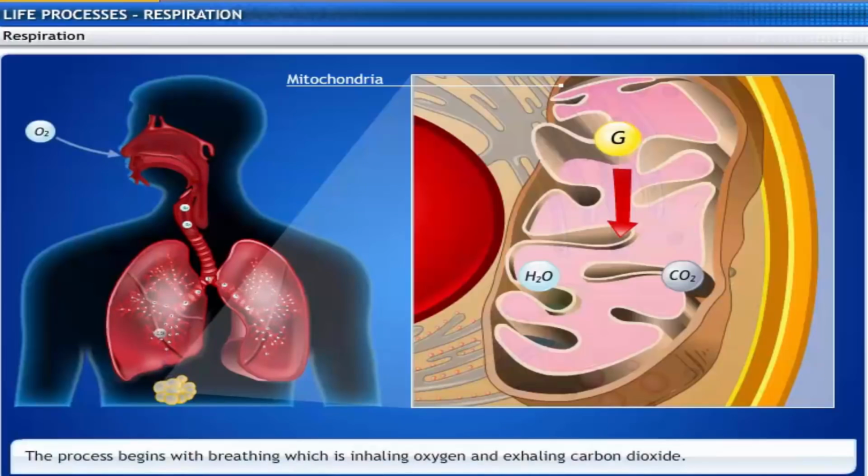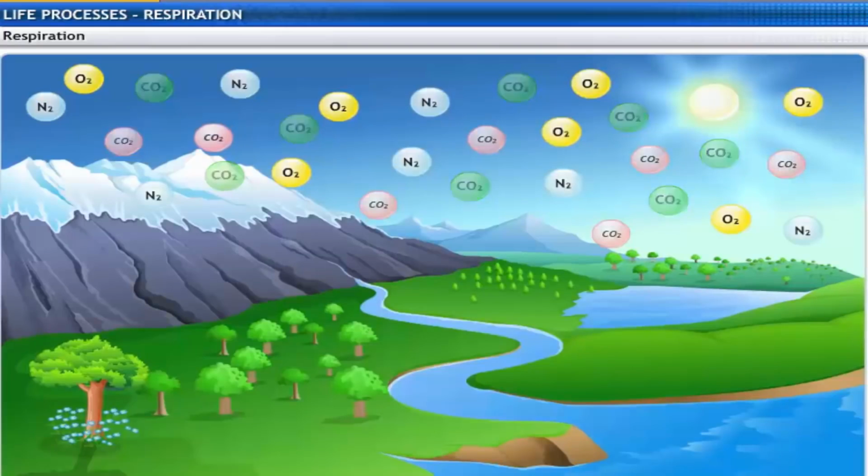This process of inhaling oxygen and exhaling carbon dioxide is called breathing, and the metabolic process for producing energy is known as respiration. Carbon dioxide is present in atmospheric air.